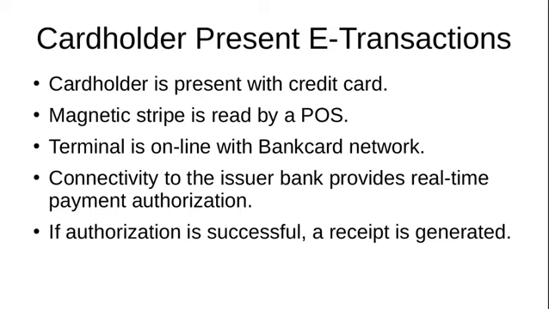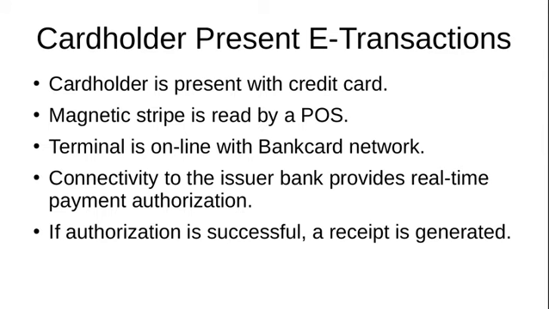And you are familiar with the operations happening there. There is a magnetic strip, and that is read by the point of sale terminal, and this terminal is online with the bank card network, so it is connected to the internet.